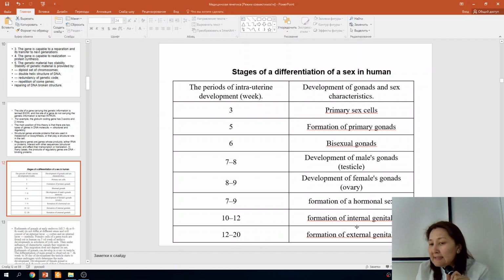Please, on these slides you can see stages of differentiation of sex in humans.